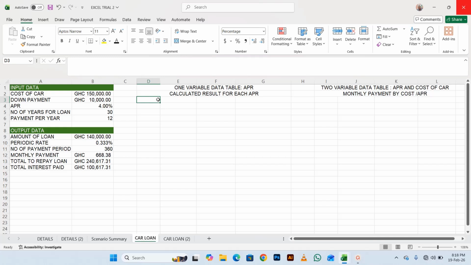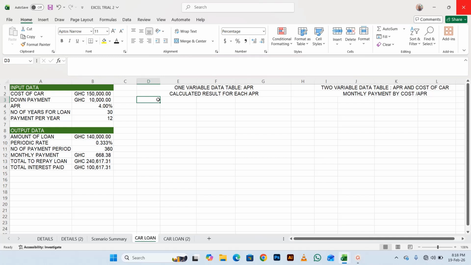So in this case, the bank too wants to create something where if someone comes, they can just look at it and say, okay, if it is 4.2%, then the monthly payment will be this and this and this. If it is this, the monthly payment will be this, and then the total interest will be this. They just want to create something like that.